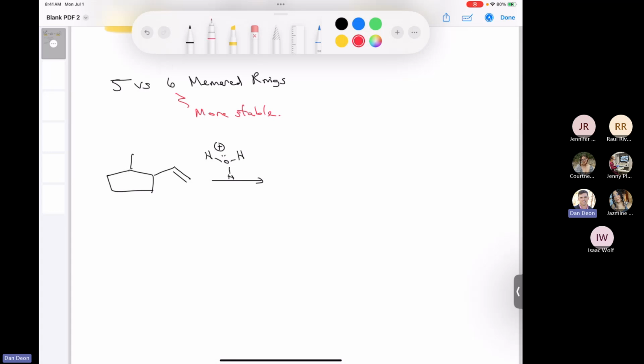So if we draw our first curved arrow, we're going to do our proton transfer, and we're going to draw the carbocation that results, okay? So the carbocation that we get would be this secondary carbocation, like that. Now, there's a proton that is here, okay?